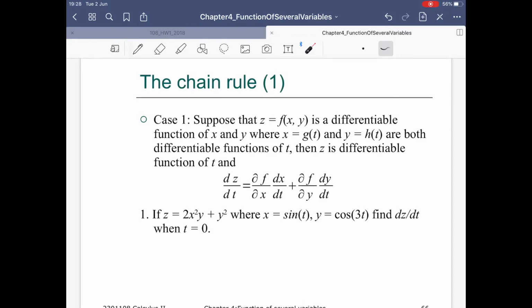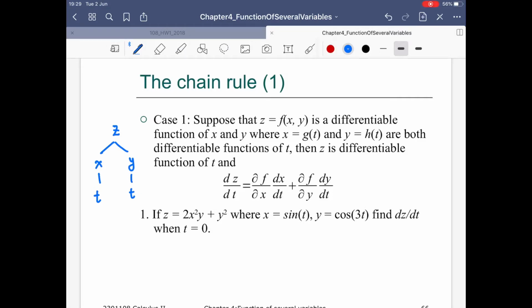But your x is a function g of t, and your y is a function h of t, so x and y are functions of one variable. If you want to draw a diagram, z is a function of x and y, and x and y are each a function of t.